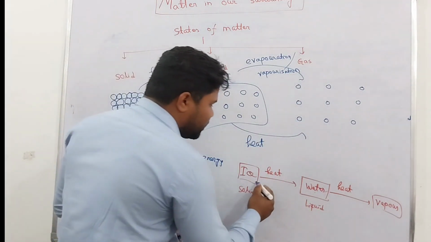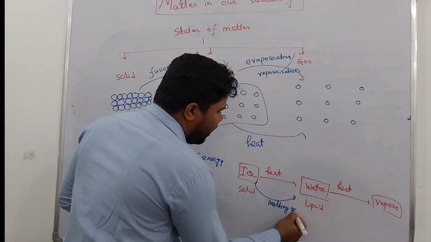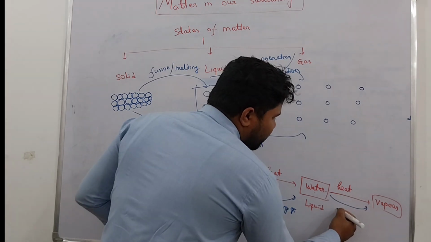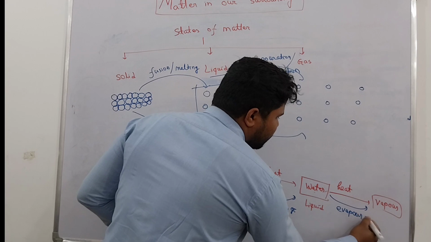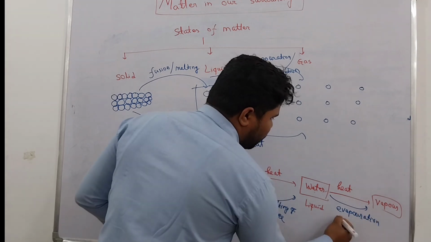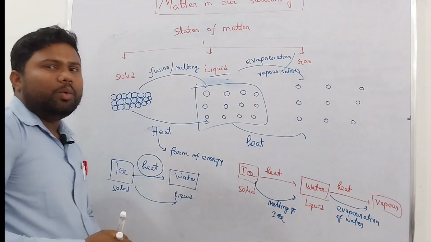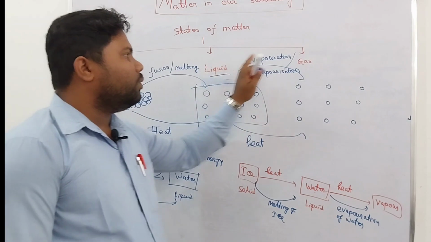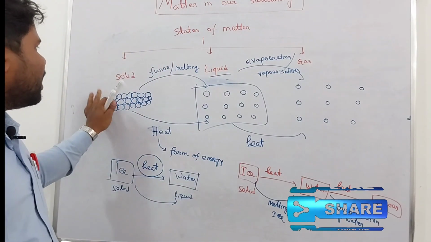So this process is called melting of ice, and this process is called evaporation of water. In this way, we can change solid into liquid and liquid into gas by applying heat from the outside.